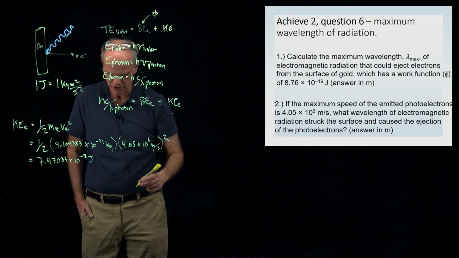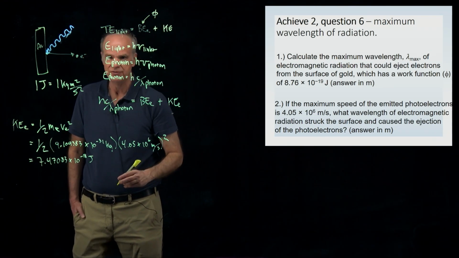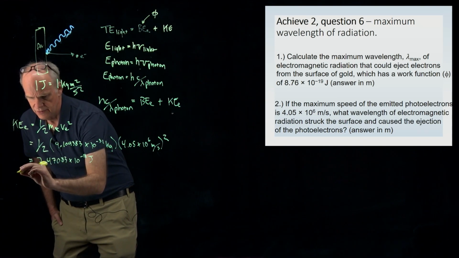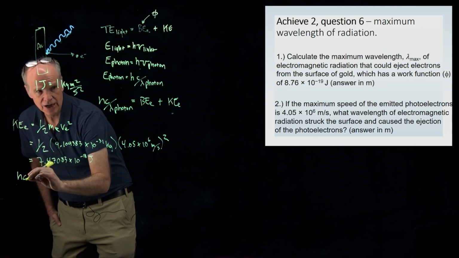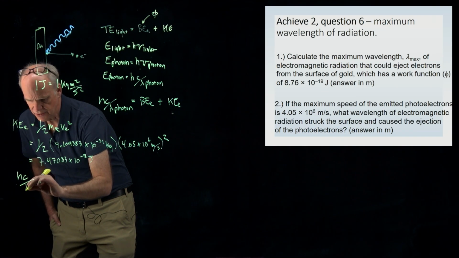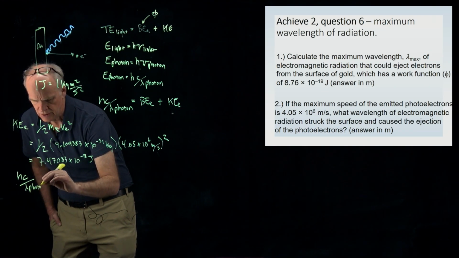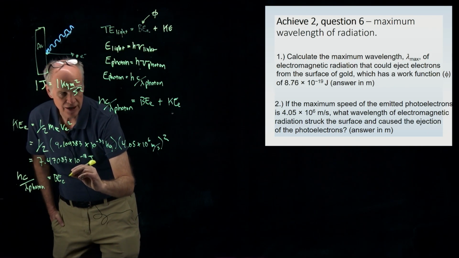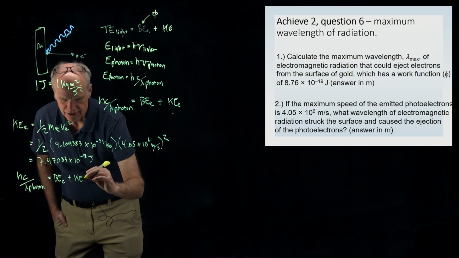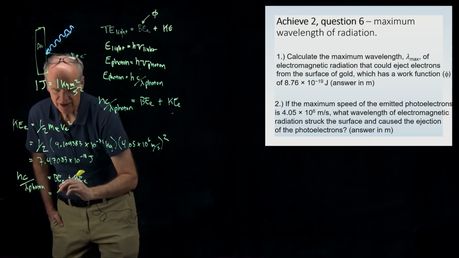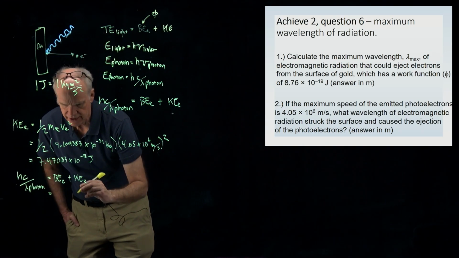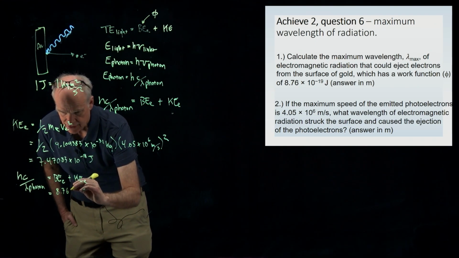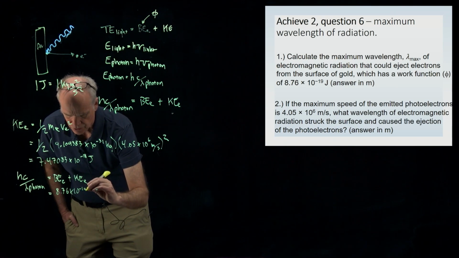And so now the problem gets a little bit easier to solve. You might remember here that Planck's constant times the speed of light over the wavelength of the photon is going to be equal to the binding energy of the electron plus the kinetic energy of the electron. The binding energy of the electron is given to you in part 1, so let me write that in. It's going to be 8.76 times 10 to the negative 19 joules.